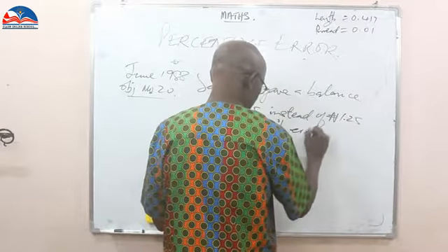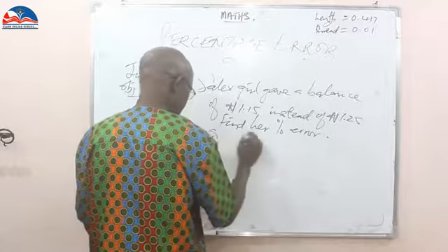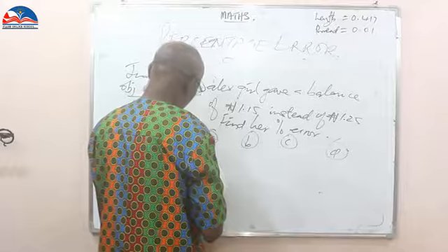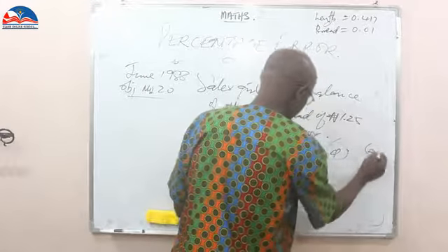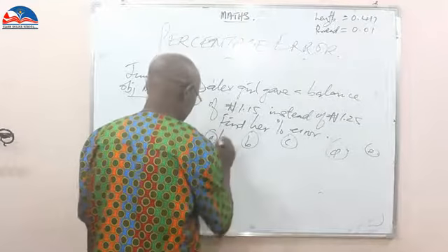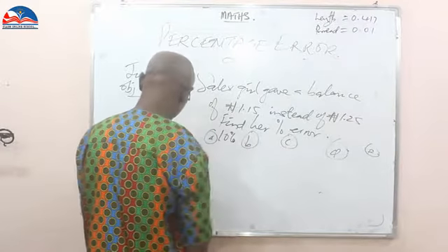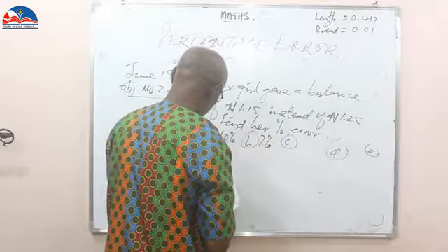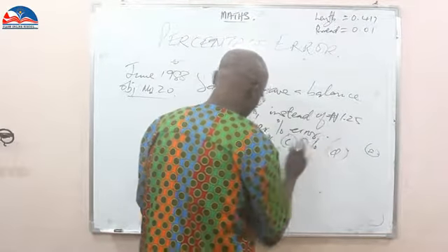Now again, options A, B, C, D, and E. A says 10%. B says 7%. C says 8%.